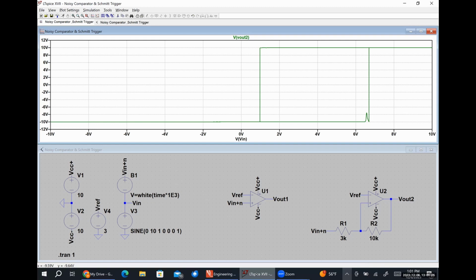Now, one of the consequences of positive feedback is that our linear range is going to be even smaller, which means our slope of transition from low to high is going to be even closer to perfectly vertical. We're not going to really go into why that is because it doesn't make a whole lot of sense in the context of this class.